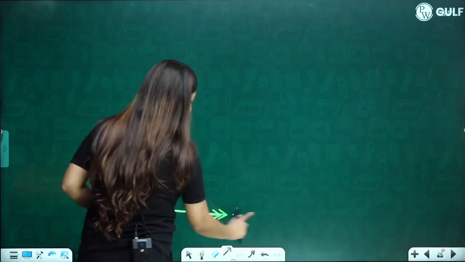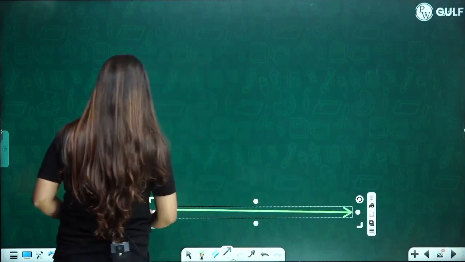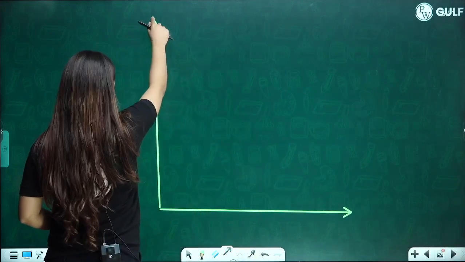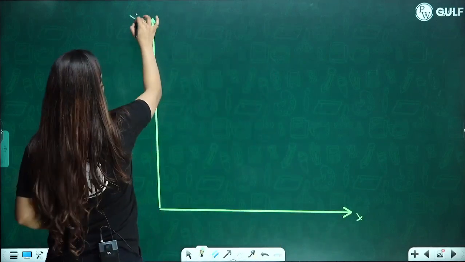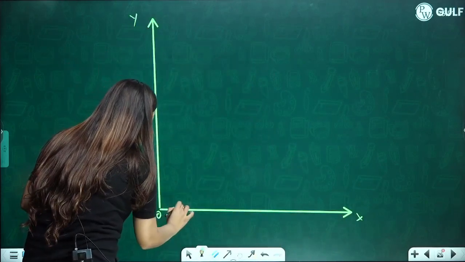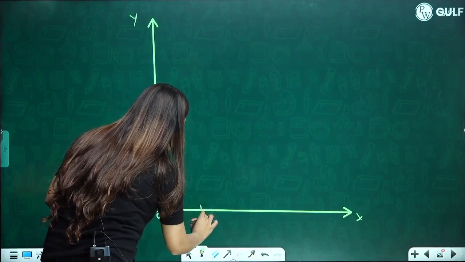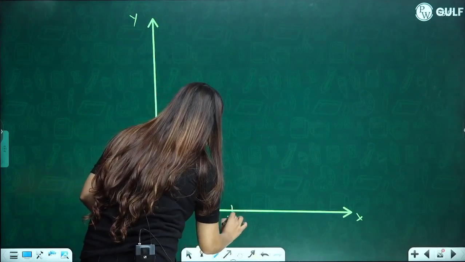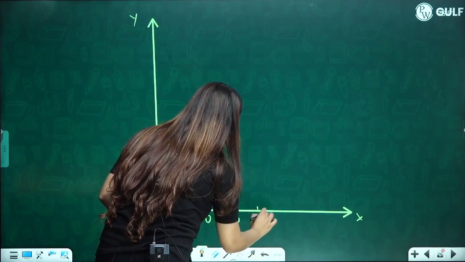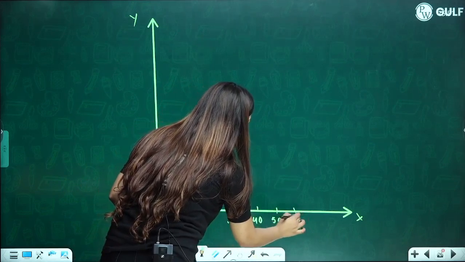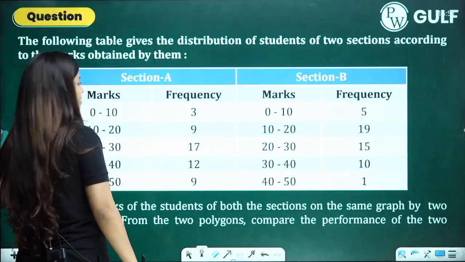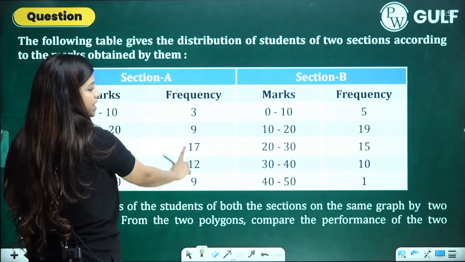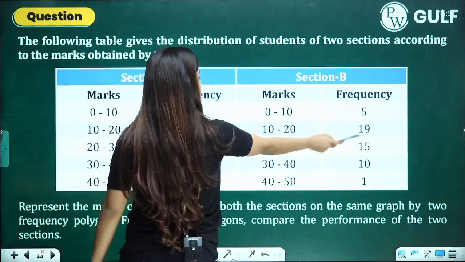So this will be our x-axis and this will be our y-axis. Mention x-axis, y-axis. It goes from 0 to 10, 10 to 20, 20 to 30, 30 to 40, 40 to 50, 60 and 70. This is the number of marks. And then the frequency, as we can see, is just going up till 19.